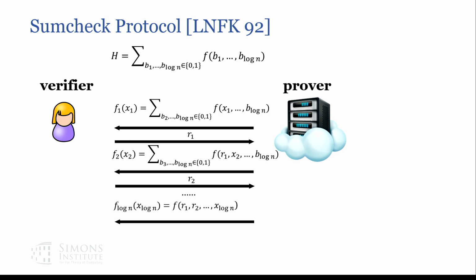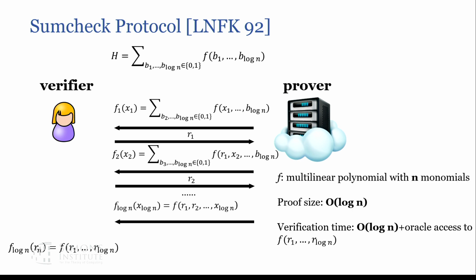Okay? And in the last step of Sumcheck, the verifier needs to check the consistency of this last univariate polynomial to the original multivariate polynomial. And the way is by computing or giving access to this multivariate polynomial evaluated at point R1 up to R log n. Okay? So that is the whole picture of Sumcheck protocol. Is it clear here?